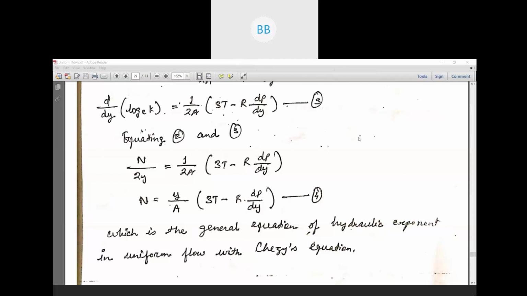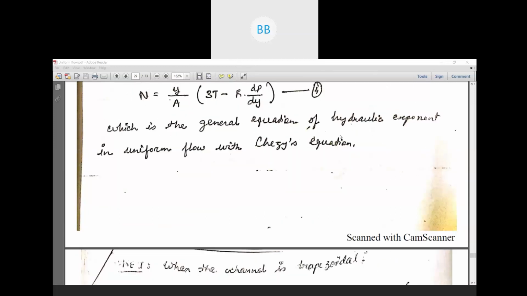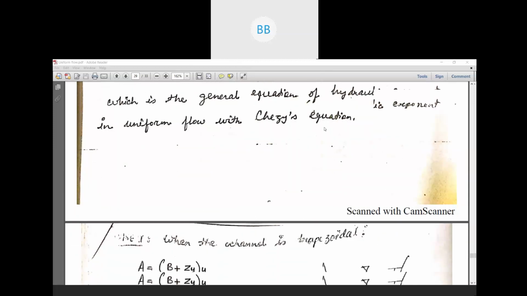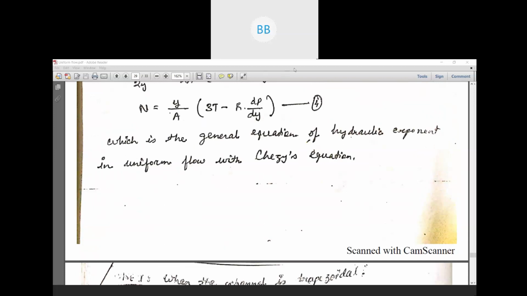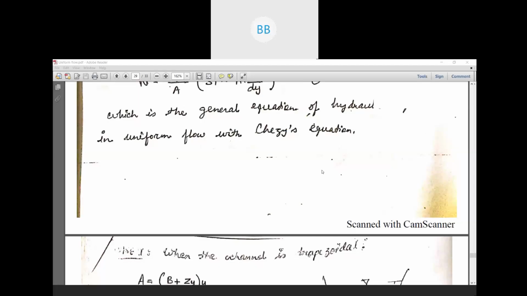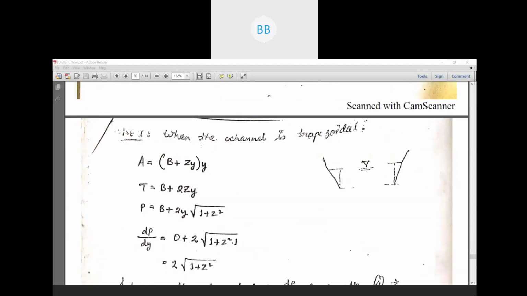Okay, then I assume there are no doubts. Then we move on to the next derivation using Manning's equation. Before we move on, with the equation we have derived, depending on the shape of the channel, we are going to find out the cross sectional area, then the R value.